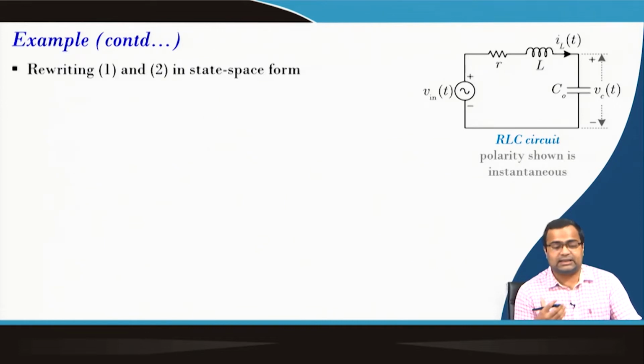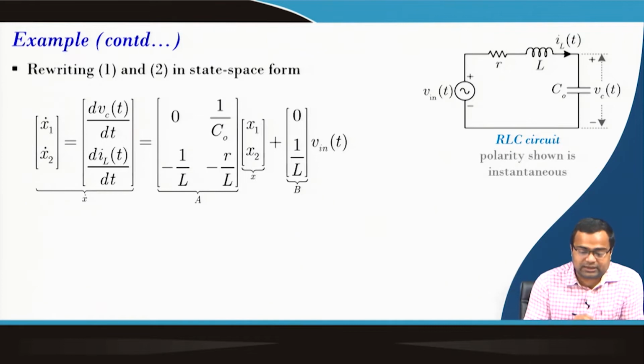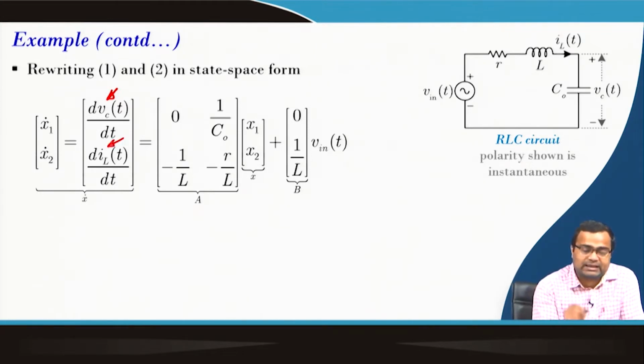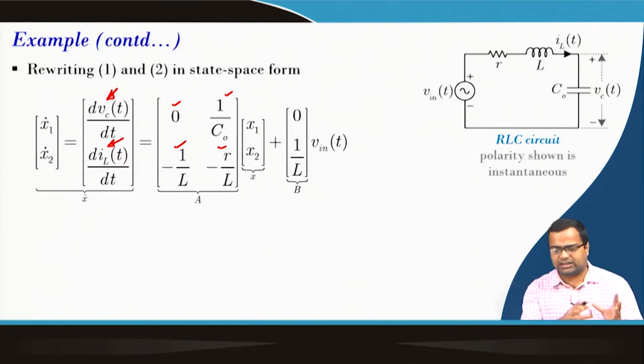Then for this series RLC circuit, if we write the state space equation, we have taken state 1 to be the capacitor voltage and state 2 to be the inductor current. So, we can write in terms of A and B matrix, where A matrix consists of 4 elements. These equations we already wrote in the previous slide and we can just plug in.